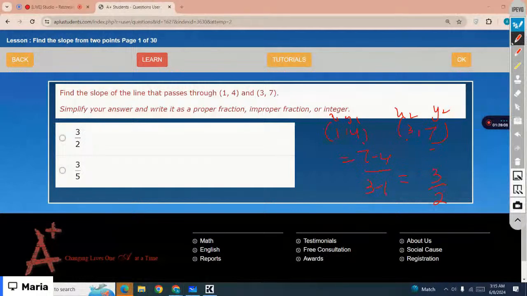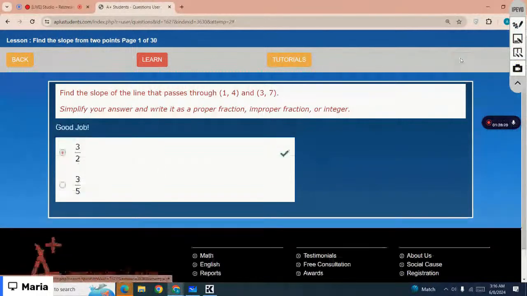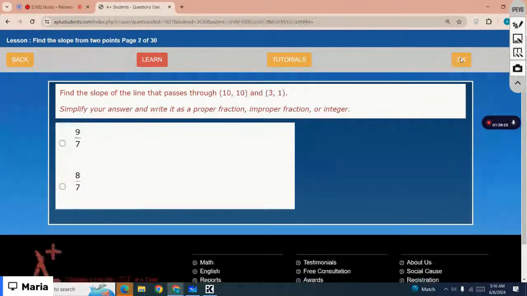Okay, let's just move on to next example. The next one is find the slope of the line that passes through the point 10, 10 and 3, 1.